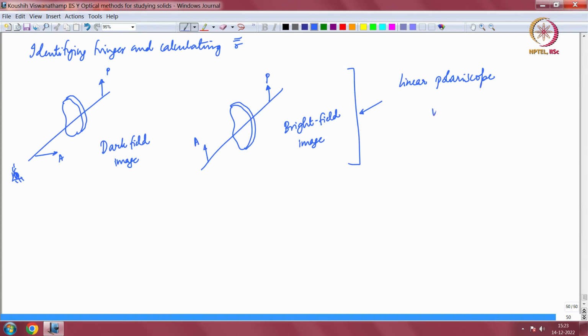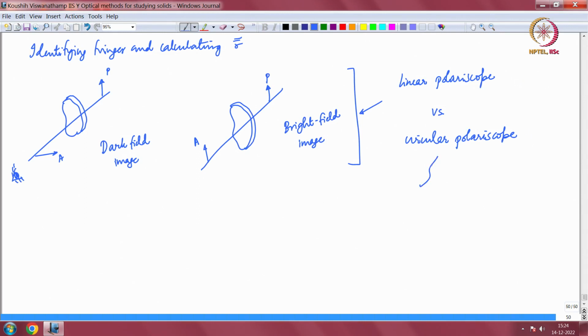There is also something called a circular polariscope, and this uses circularly polarized light, as opposed to linearly polarized light, and you can just use a very simple trick to convert linearly polarized light into circularly polarized light, and the trick is basically to use something called a retarder plate. We will discuss the terminology, but the distinction between these two is important to remember.